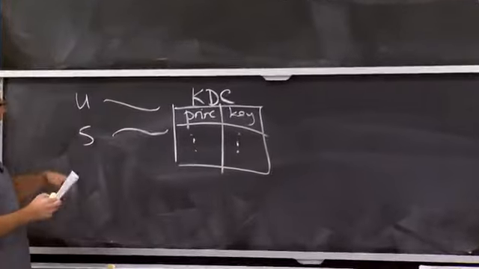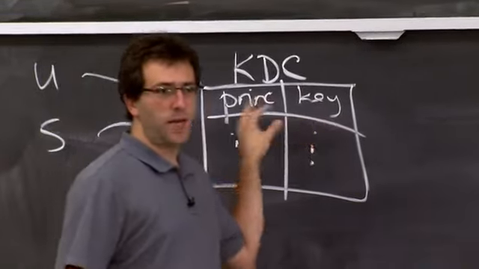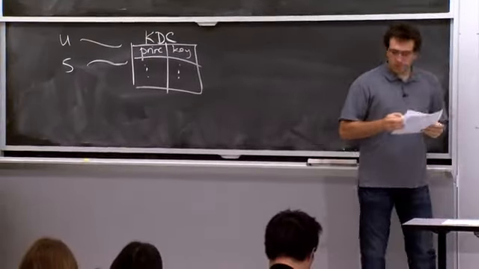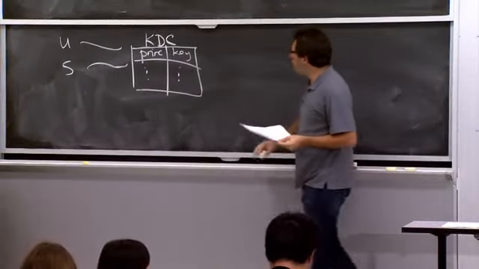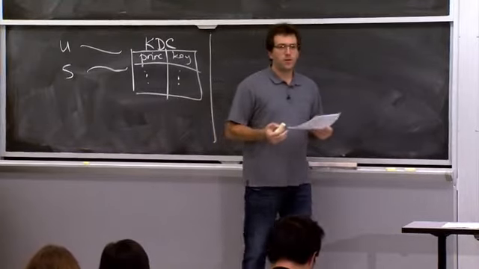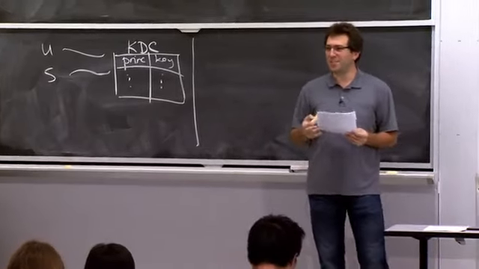And whenever a user wants to talk to some server, they have to ask the KDC to generate a ticket based on this giant table that the KDC has. So this seems like a reasonably straightforward model. So why do we need something more? Why is Kerberos not enough for the web? Why doesn't the web use just Kerberos for securing all communications?